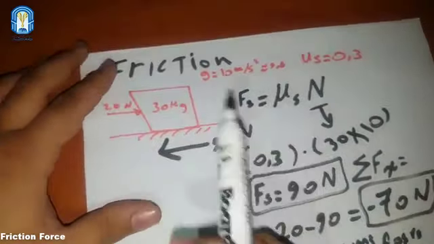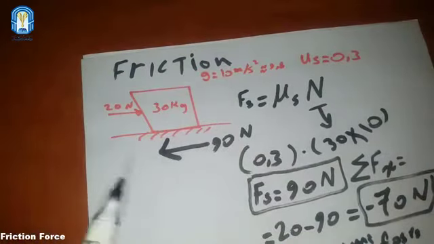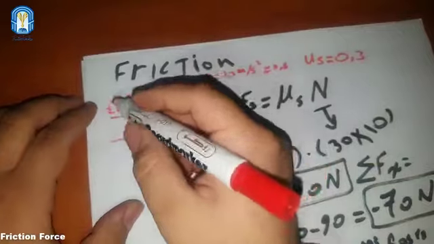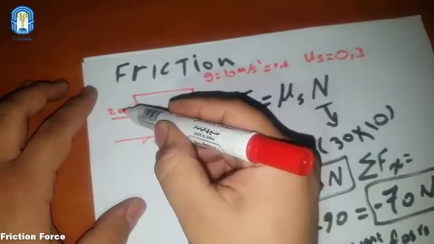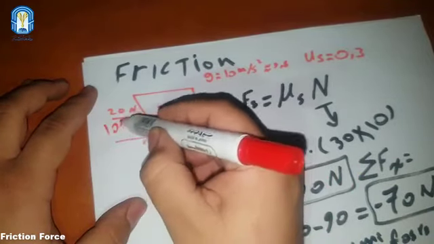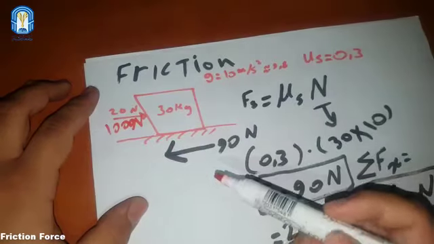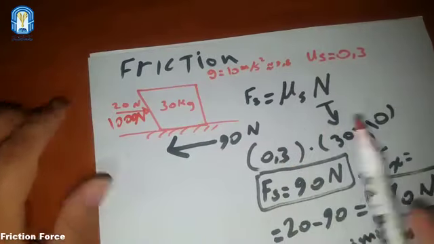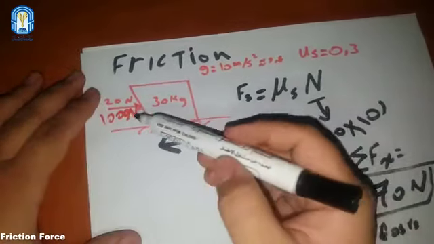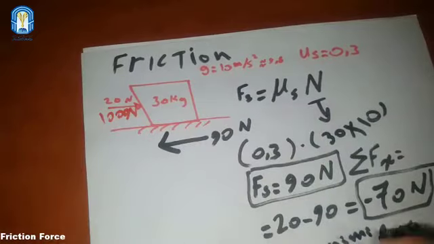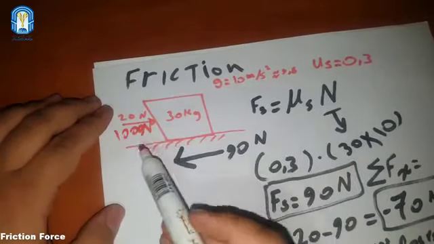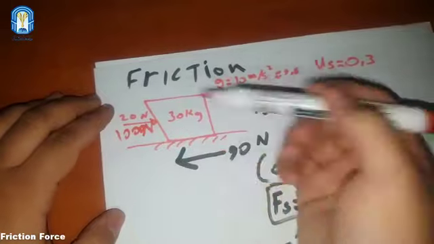For example, if you have here 1000 Newton, the same question. In this case, the box is going to move because the force in here is bigger than in here.